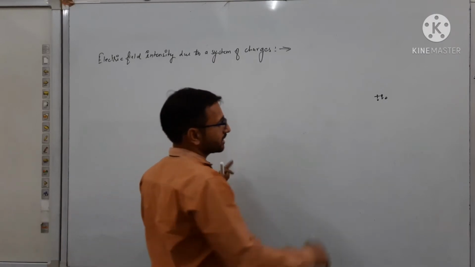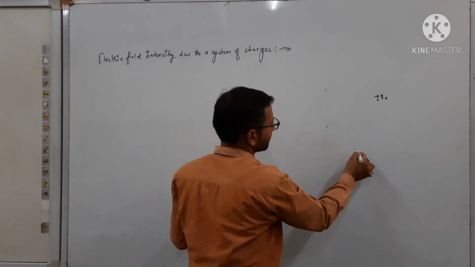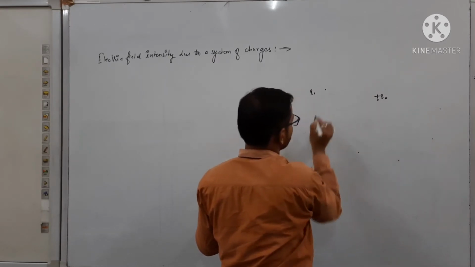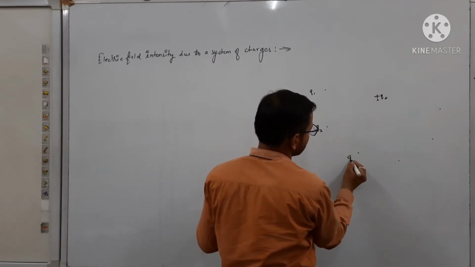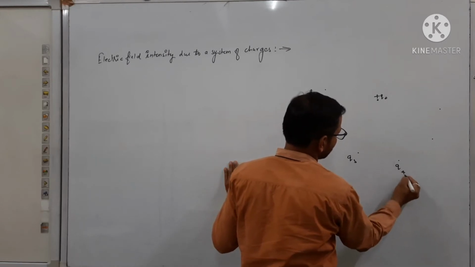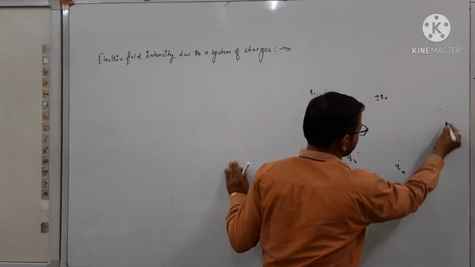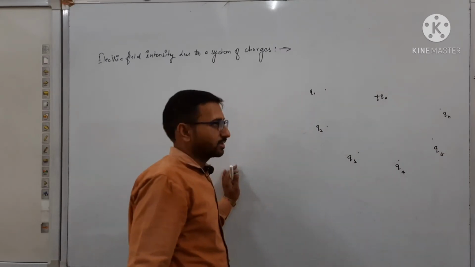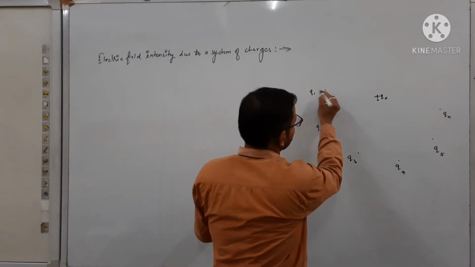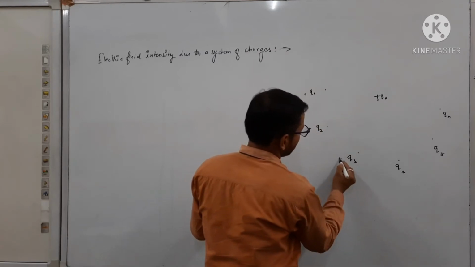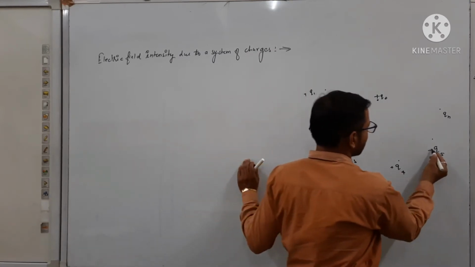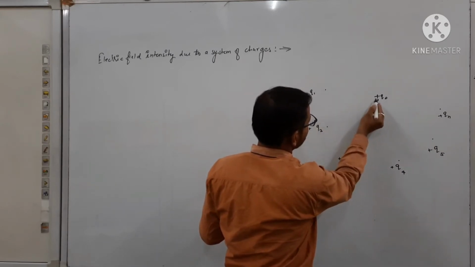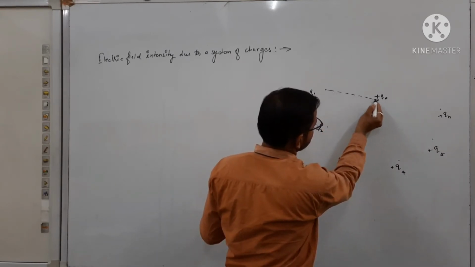For this condition, I will consider that we have many charges like this. Suppose these charges are Q1, Q2, Q3, Q4, Q5, and similarly as a general term Qn. Here I am considering all the charges positive in nature, and this is our distance.